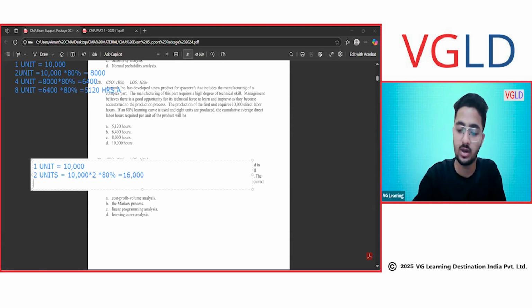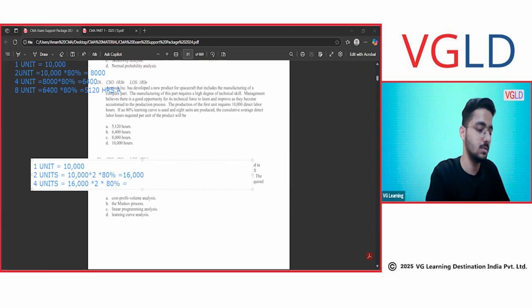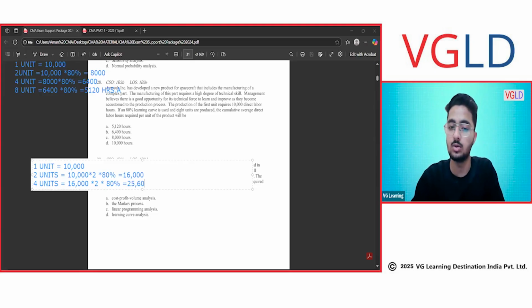Then 4 units: 16,000 multiplied by 2 multiplied by 80%. First double it and then apply the percentage: 25,600.